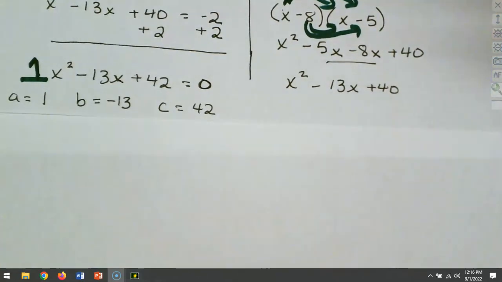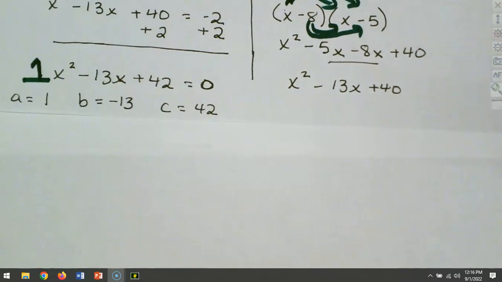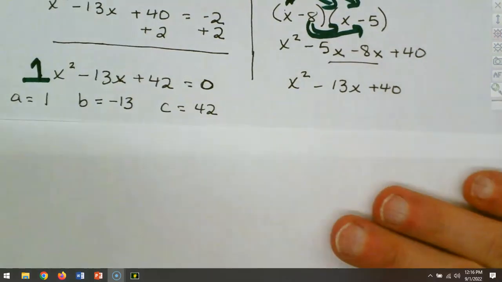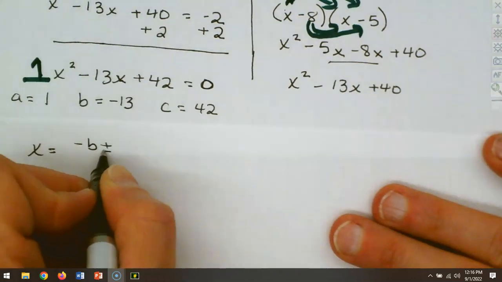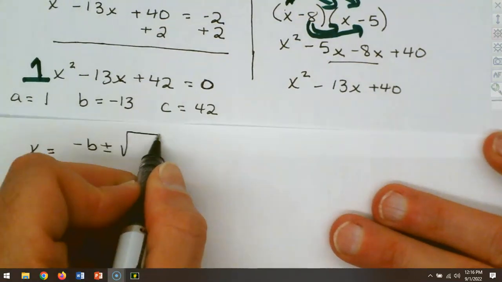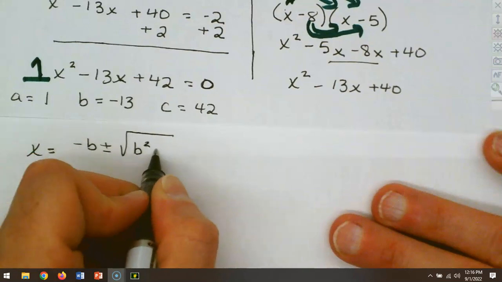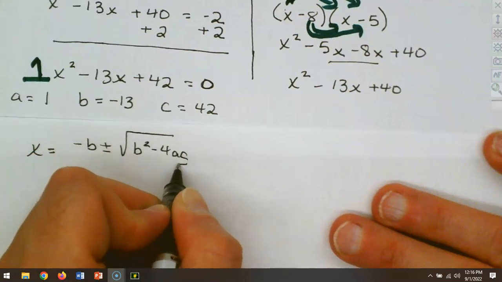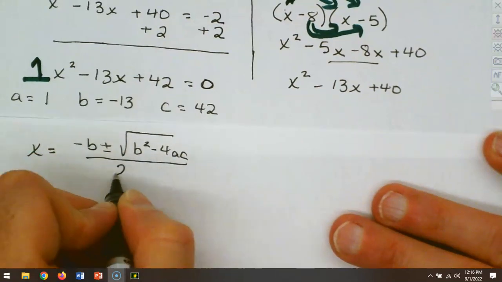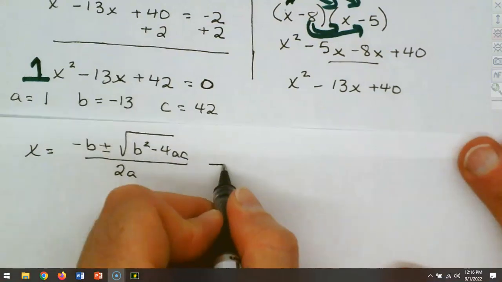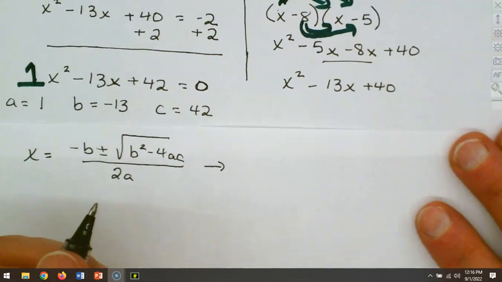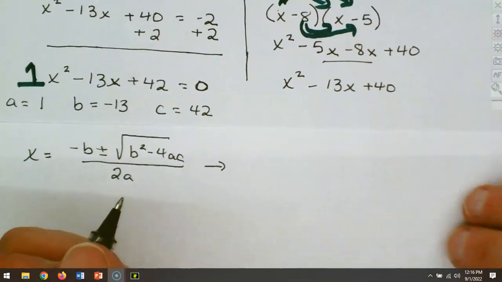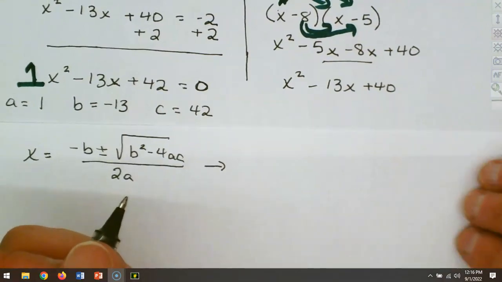What's next? Well, the next thing we need to do is apply our quadratic formula. So that is x equals minus b plus or minus the square root of b squared minus 4ac all over 2a. Rewriting that. We're going to rewrite this quickly here. When we rewrite this, that gives you now negative b.